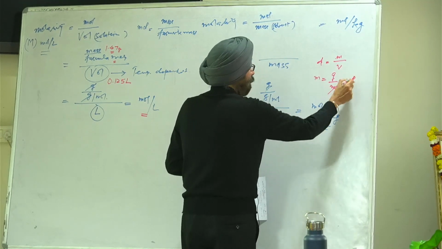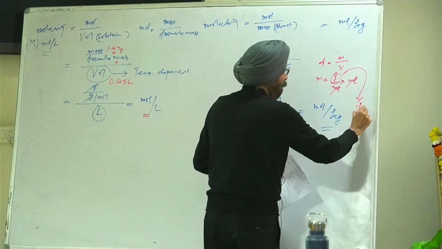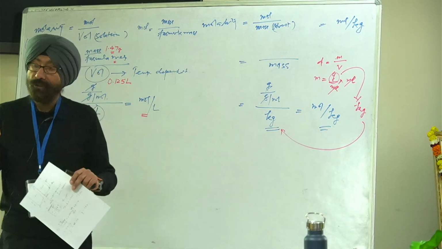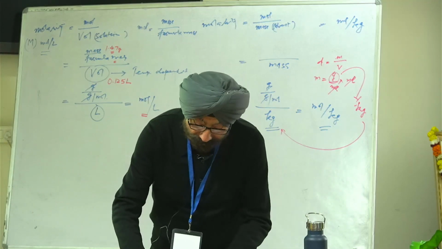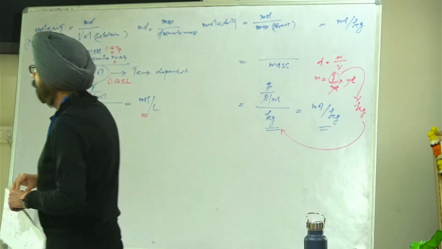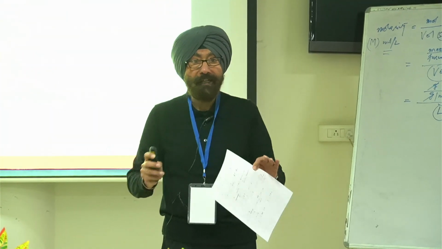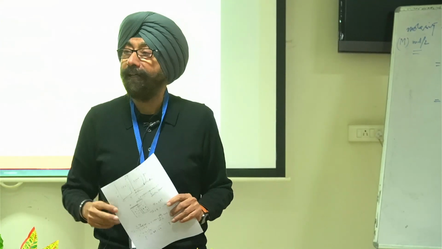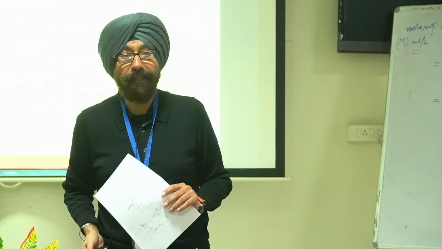You can cancel, and eventually you get grams, and you have to convert this grams into kilogram, and this kilogram must be put over here. By plugging in the value of the kilogram, you will be able to calculate the molality. I have already performed the calculation, we don't need to go through that. My only purpose is to show how we can apply these definitions to a real problem.